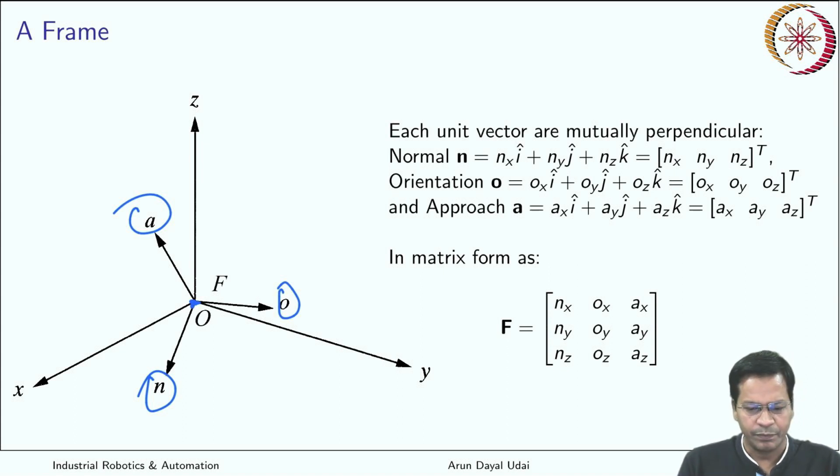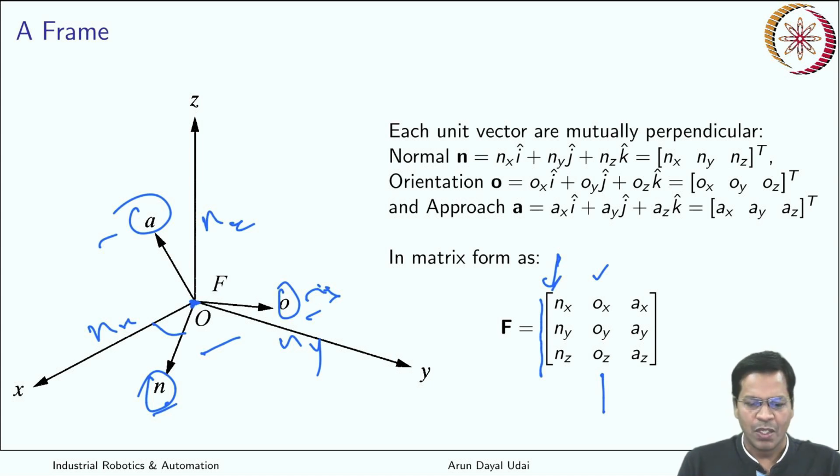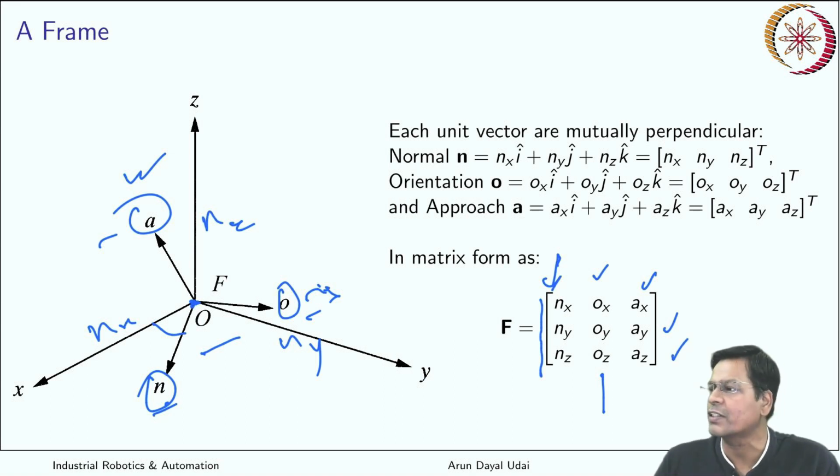So N, O, A are 3 vectors. The projection of N along X is Nx, along Y is Ny, along Z is Nz. That is arranged over here as Nx, Ny and Nz. Similarly, O has 3 components, Ox, Oy, Oz, put here. A also has 3 components, Ax, Ay and Az, that is the third column.